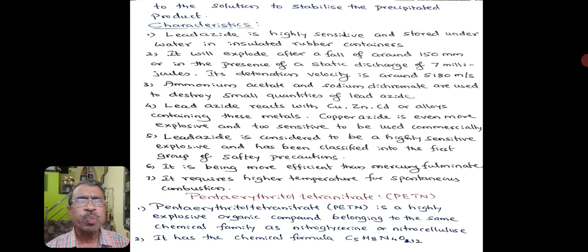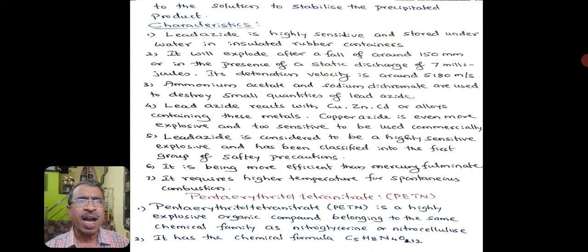It will explode after a fall of around 150 millimeters or in the presence of a static discharge of 7 millijoules. Its detonation velocity is around 5180 meters per second.